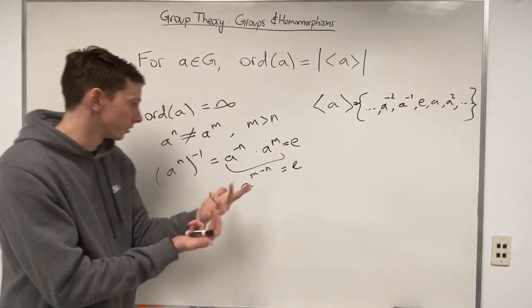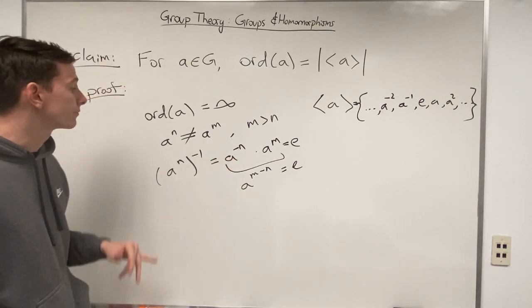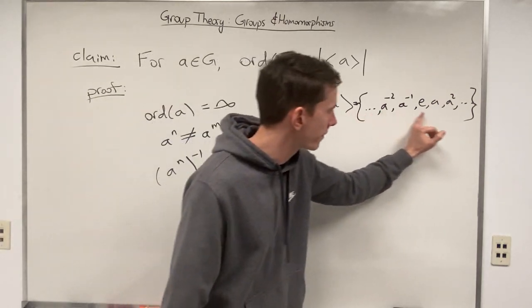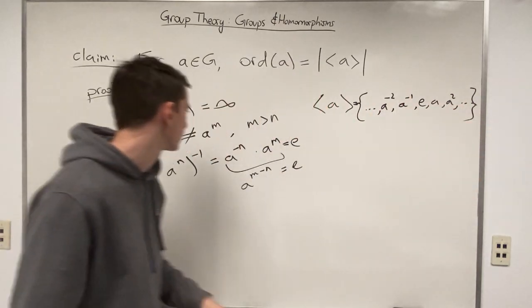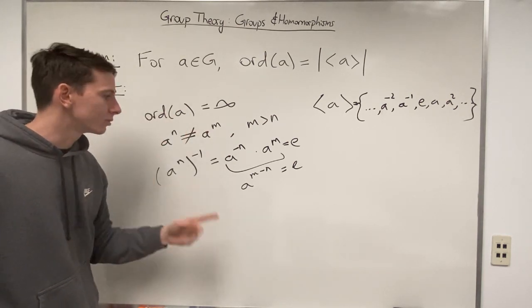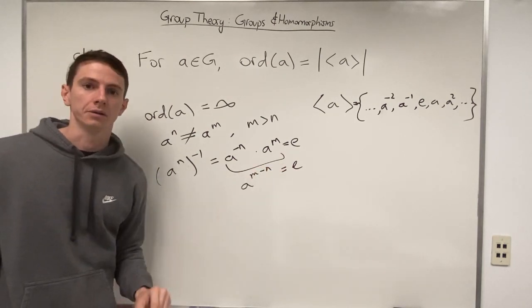Because if they were the same, if we were to find some power of a in here and some other power of a in here, where a to the n all of a sudden equaled a to the m, then that would lead to this equation where a to the m minus n equals e.